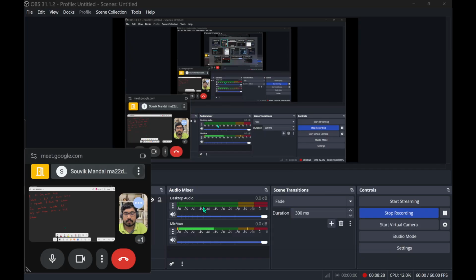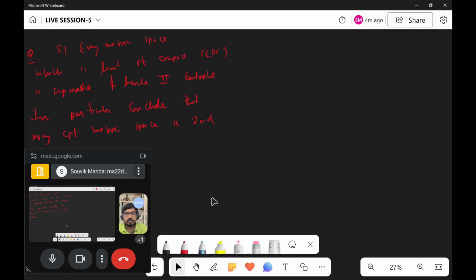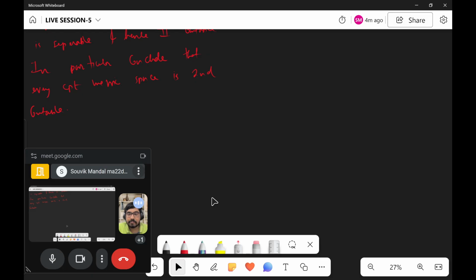Okay. So compact metric space is second countable. So that is the thing. So the argument goes as follows.